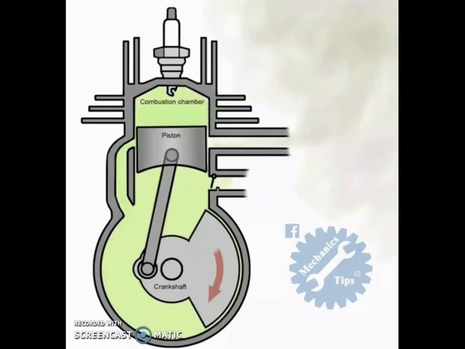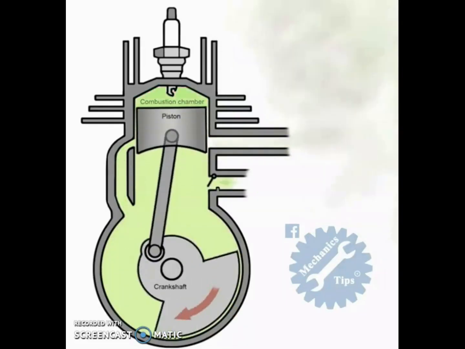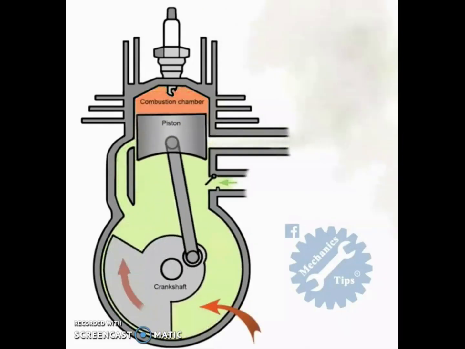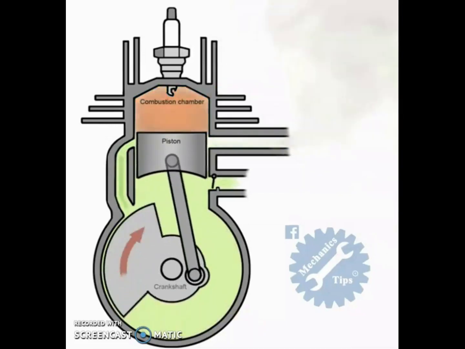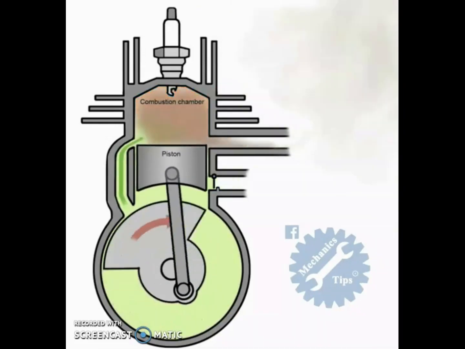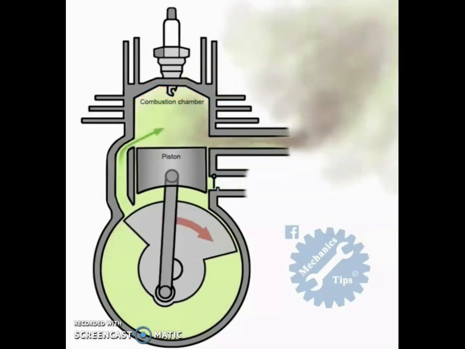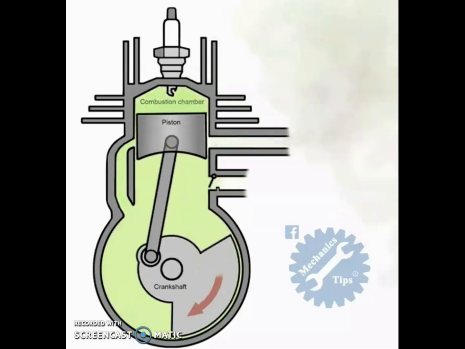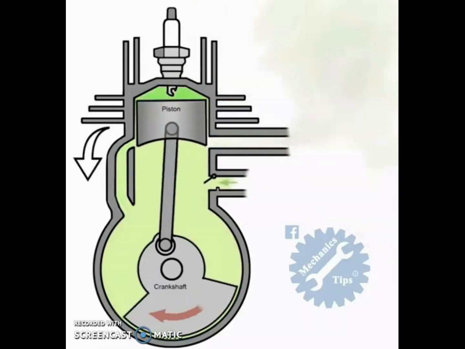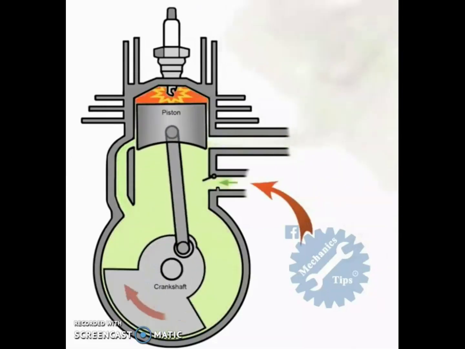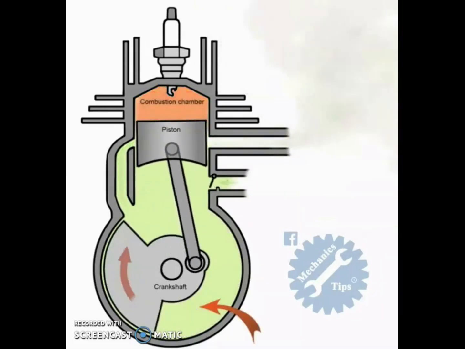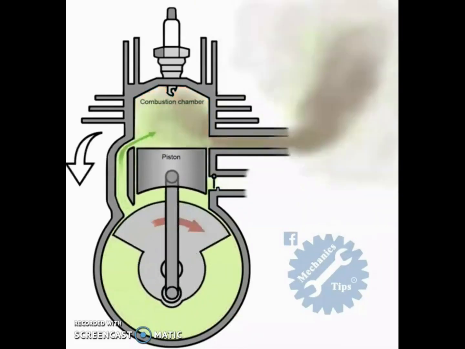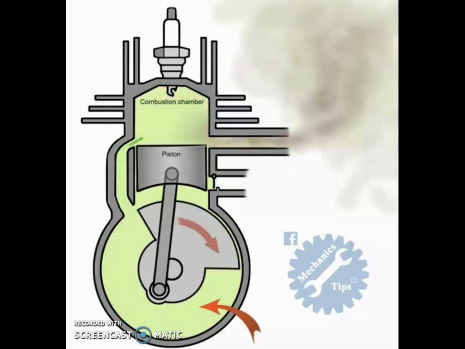You need to know the process in terms of the mechanism of the two-stroke engine in order to understand the difference between two-stroke and four-stroke. Clearly we can see the fuel plus air mixture enter the intake port when the piston moves upward, and then when the piston moves downward and arrives at BDC, the transfer port or inlet port opens and the fuel plus air mixture enters the combustion chamber.